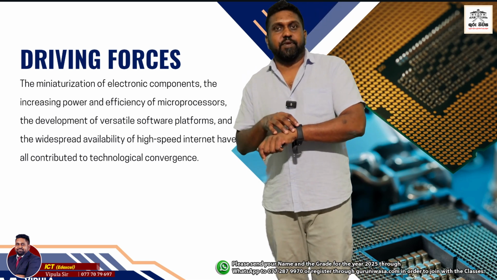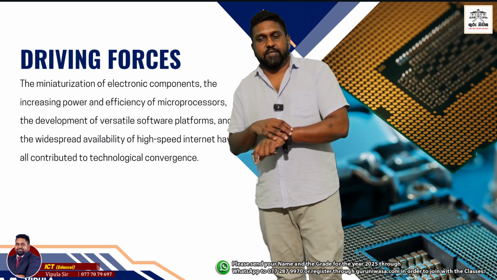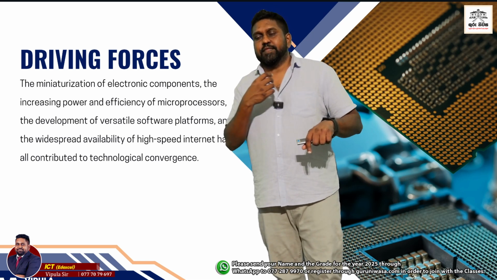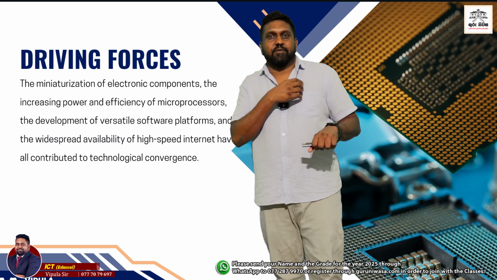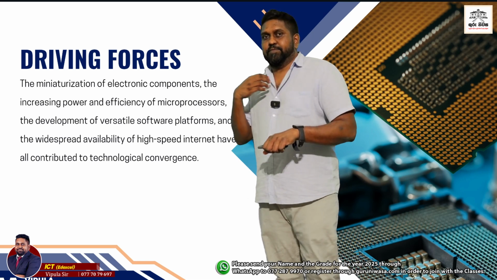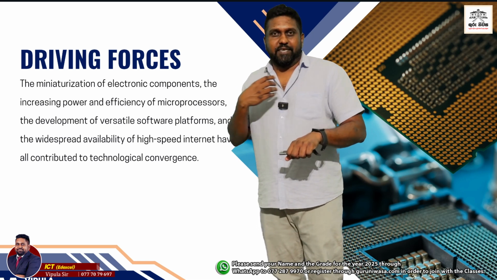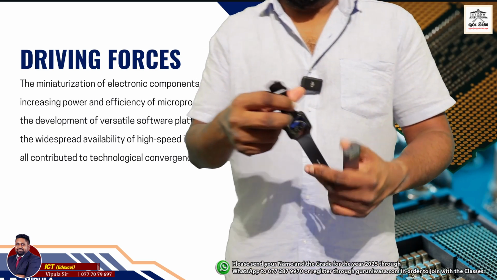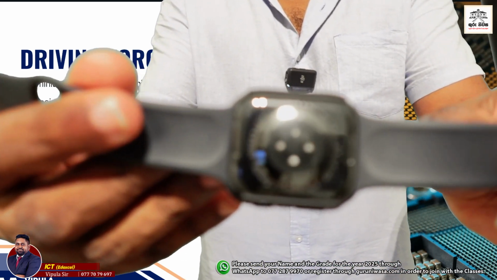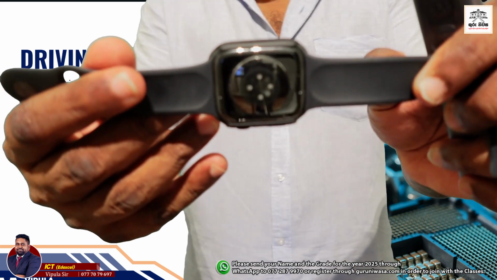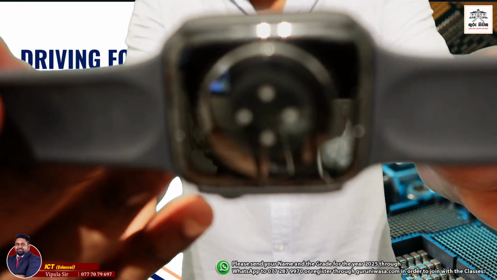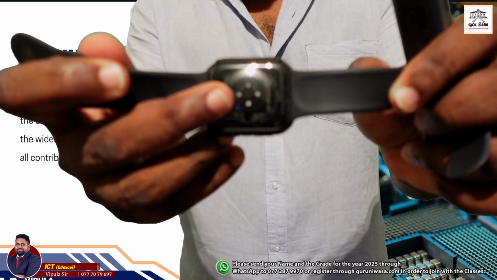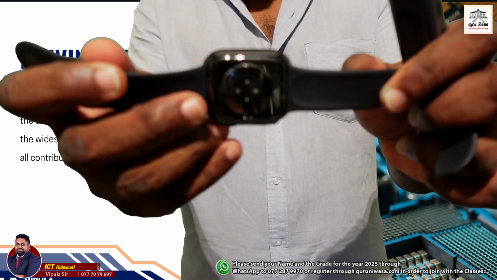If you have seen ECGs in films, where people lie on a hospital bed with sensors plugged into the chest, Apple came up with the same thing. Here you can see a metal ring and a couple of sensors.